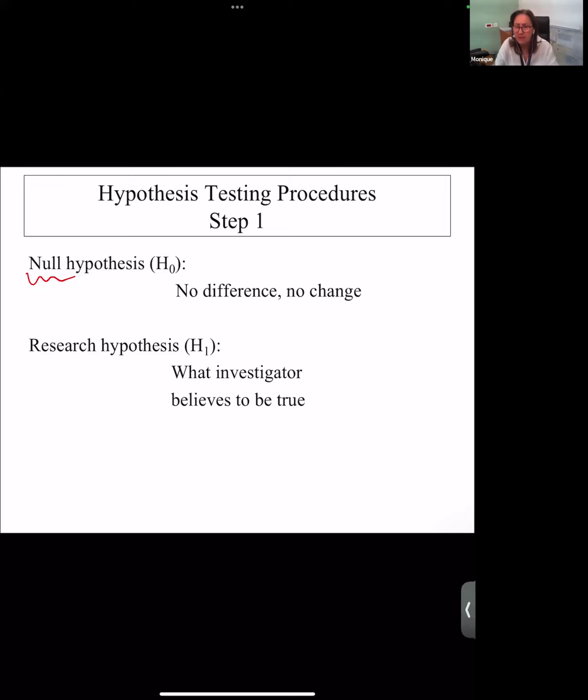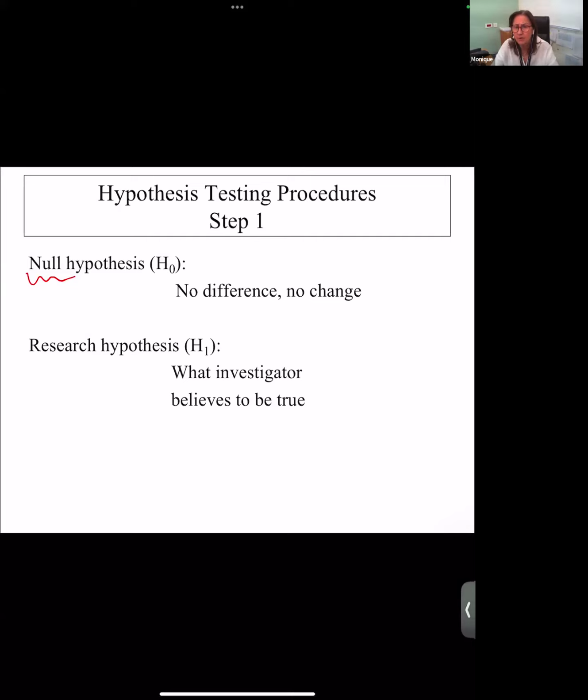Or if we are comparing, for instance, two groups, male and female, it means that there is no difference between a male and a female. If the research hypothesis is about an intervention, and I measure body mass index before and after, the null hypothesis would be no difference between before and after the intervention.